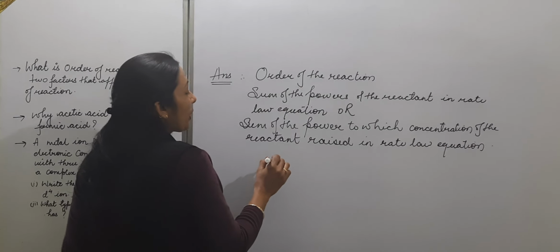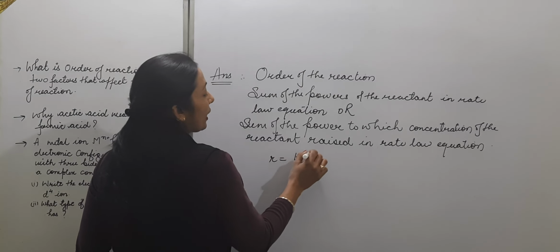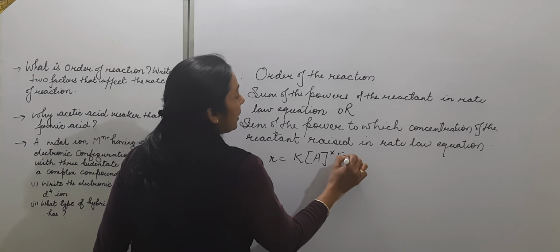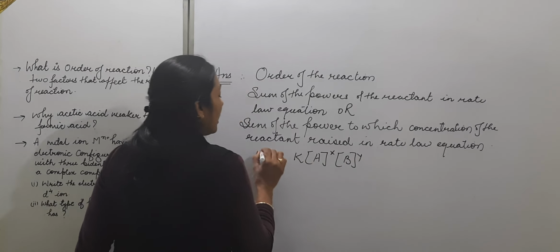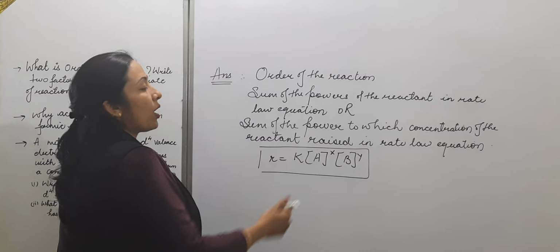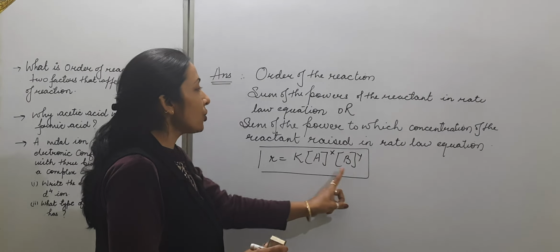For example, we can write the rate equal to k, a to the power x and b to the power y. This is the rate law equation, and the sum of the powers to which the concentration of the reactant is raised is the order of the reaction.